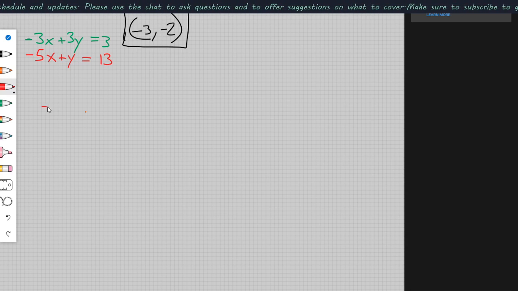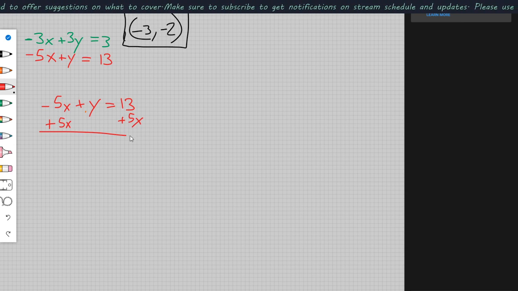red problem for that y. That's a plus, so I'm going to add 5x to both sides. Cancels. I'm left with y equals 5x plus 13.